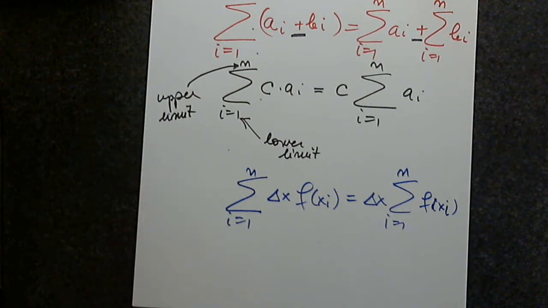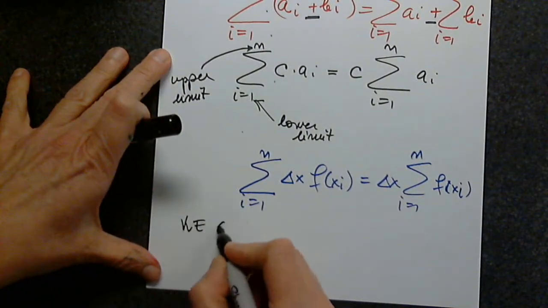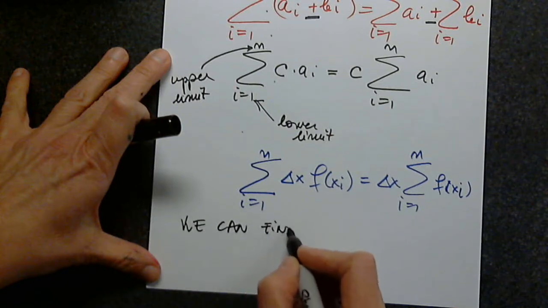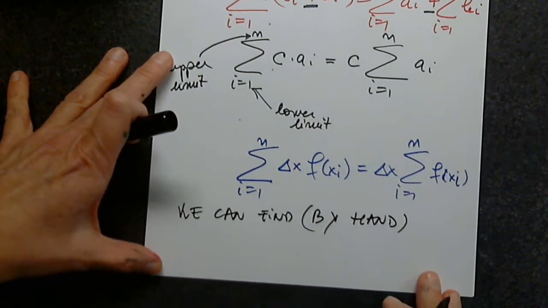Now, we can only calculate by hand the limit of the Riemann sum with polynomial functions up till degree 3. We cannot perform any calculations to determine the limit of the Riemann sum for a trig function, for a natural log, for an exponential. We are limited. I'm talking about by hand.